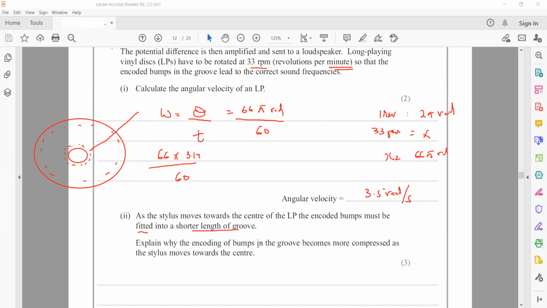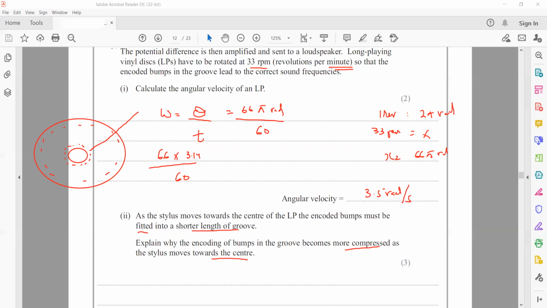Explain why the encoded bumps in the groove become more compressed as the stylus moves towards the center. Look, as the stylus is moving towards the center, it should produce the constant frequency, because otherwise if the frequency changes, then the sound will also change. So we want the same angular velocity, or we want it to complete a rotation in the same time.